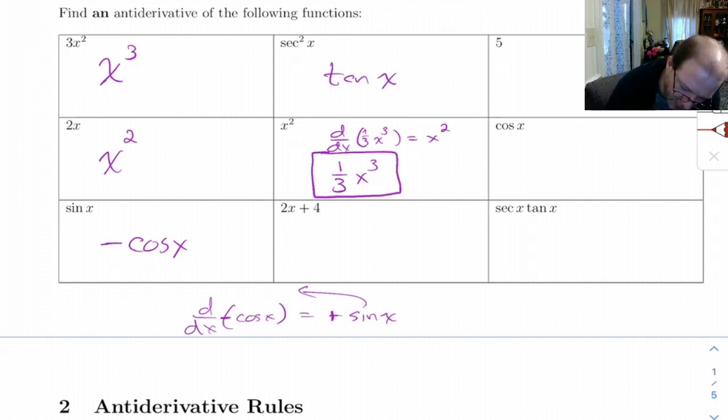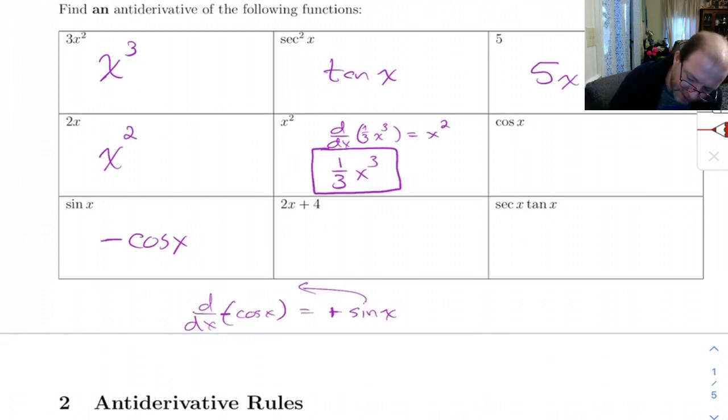All right, I'm going to do these a little out of order. What is 5 the derivative of? Well, it's the derivative of 5x. What's cosine the derivative of? Cosine is the derivative of sine. Okay, what about this one? Well, actually, we've already done pretty much this. 2x is the derivative of x squared. And what is 4 the derivative of? Well, 4x.